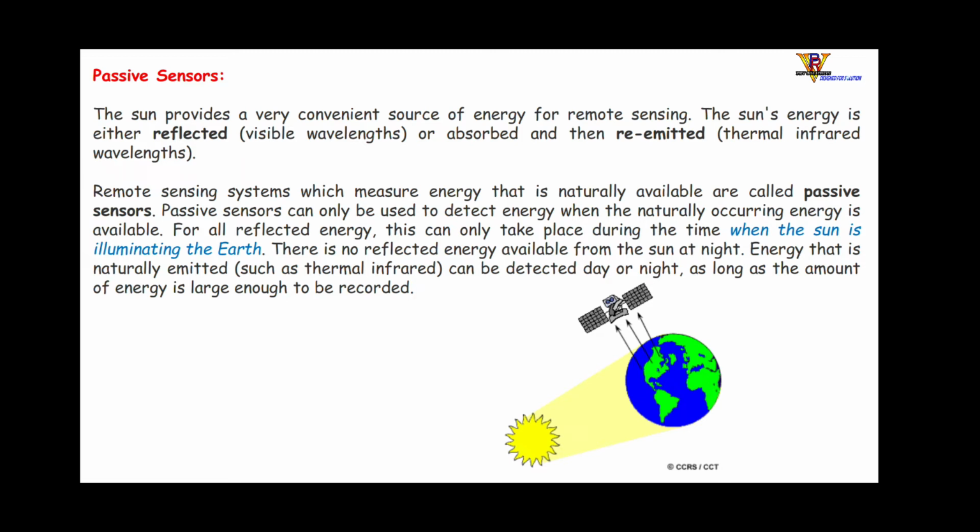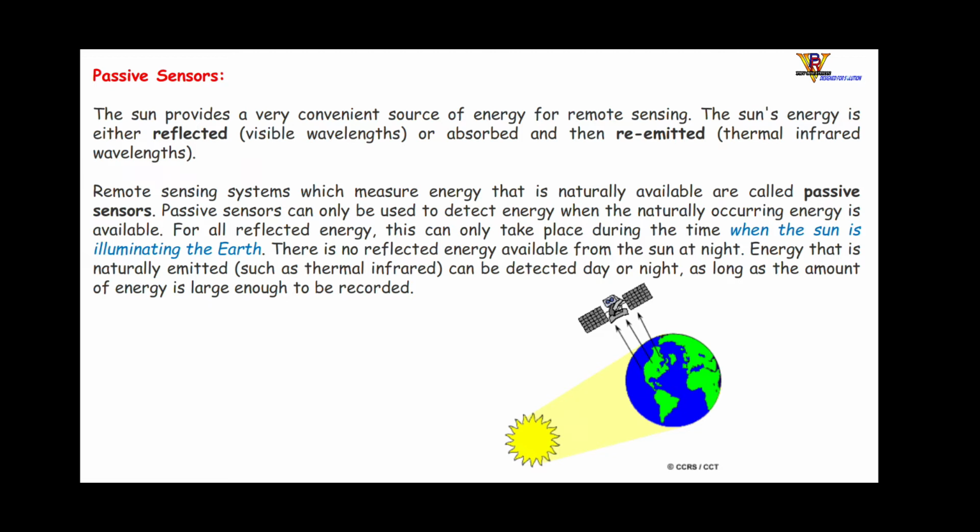Passive sensors can only be used to detect energy when the naturally occurring energy is available. For all reflected energy, this can only take place during the time when the sun is illuminating the earth.